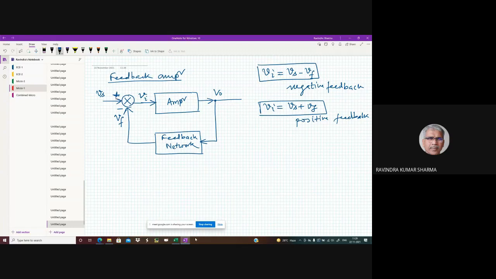The positive feedback amplifier is only reserved for situations when we want to realize an oscillator. So positive feedback is exclusively for realizing oscillators, to be specific, sinusoidal oscillators.